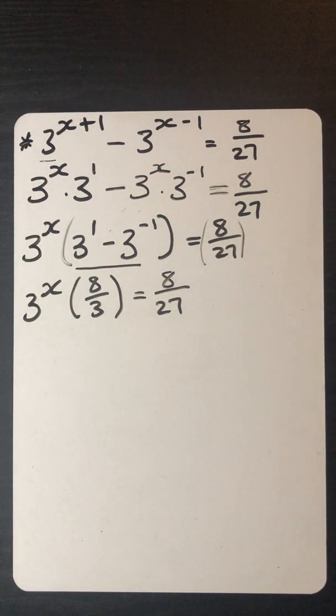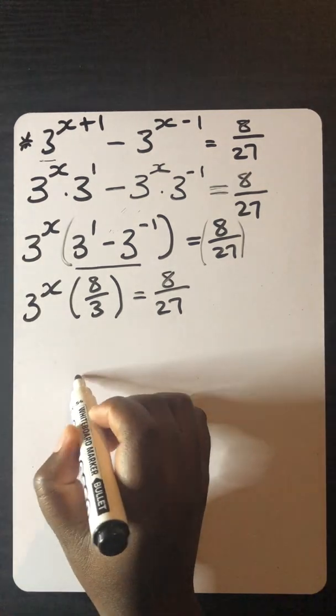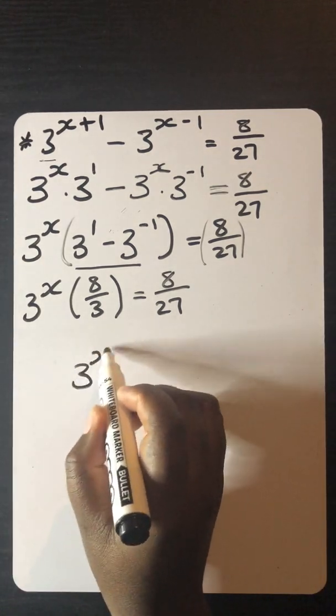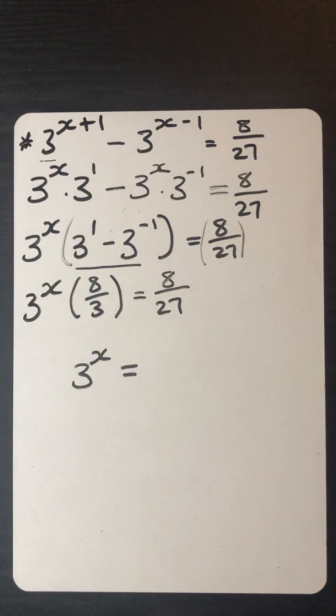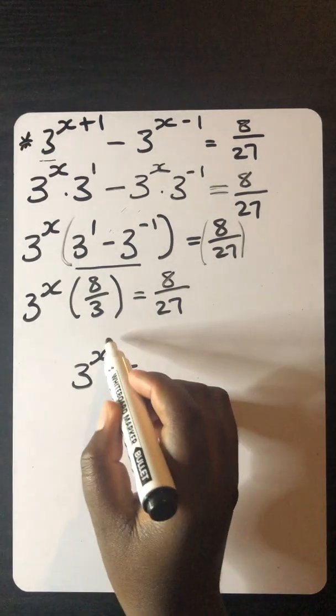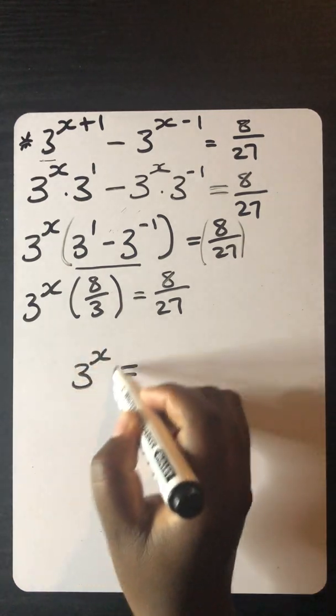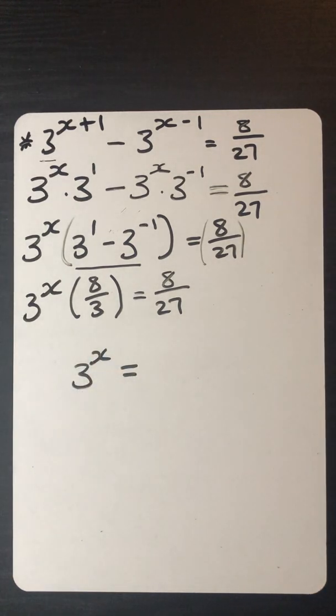Okay, can you see? So ladies and gentlemen, the main aim is to remain with 3 to the exponent x equated to something. In that way, we want to remain with x on this side of the equal sign, all the numbers on this side, and try to work out the value of x. Massively important.